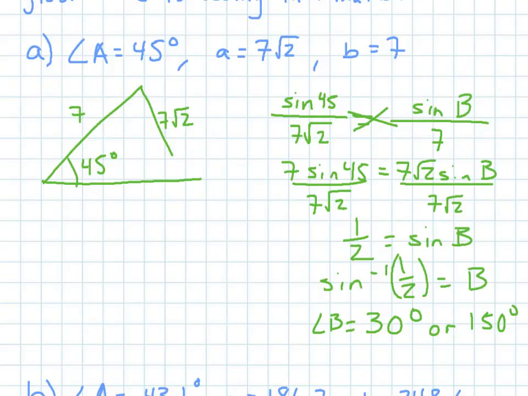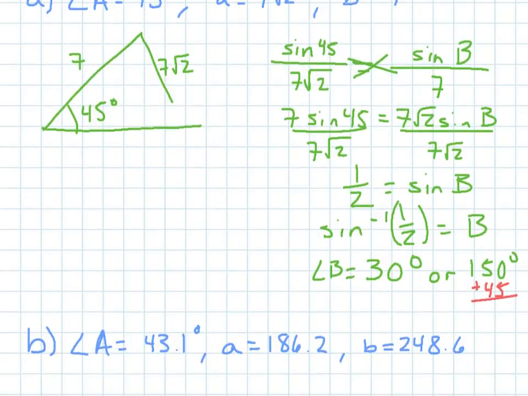So go back to your 45. 45 plus 30 gives you 75. So there's enough room for another angle to be added to make 180, right? Let's look at 150. 150 plus 45 gives you 195, and that's not possible because it's greater than 180.